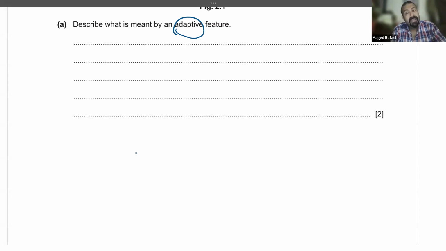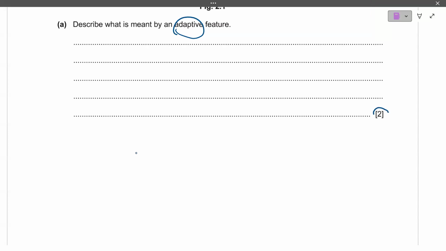We need to add another mark by saying it's an inherited feature. Oh, okay. It's something inherited, because we don't have any other information about the adaptive feature. Actually, in the presentation and in the class, we mentioned it is an inherited feature that helps an organism to survive and reproduce, as you just mentioned.